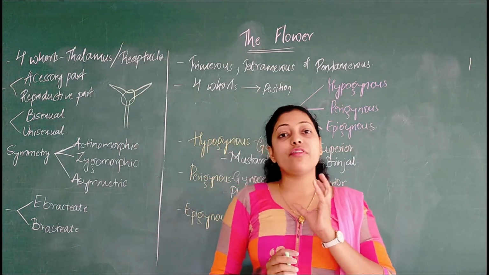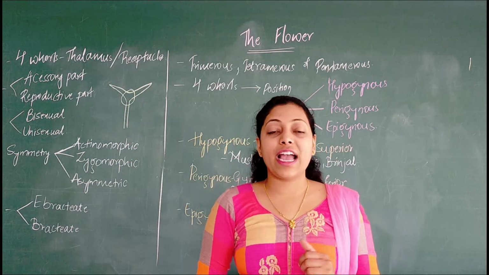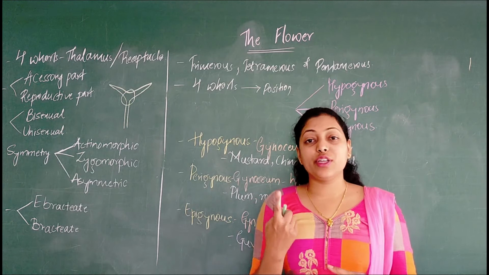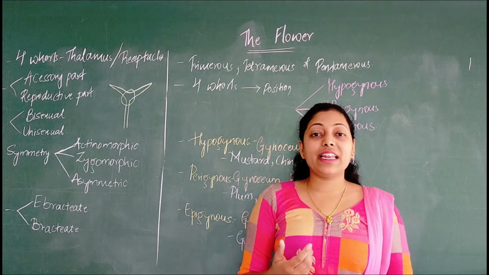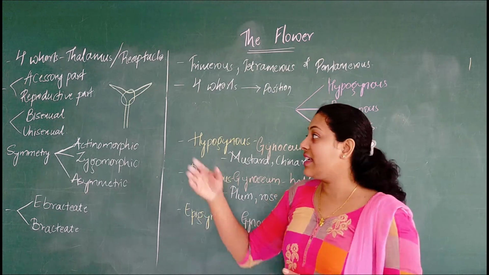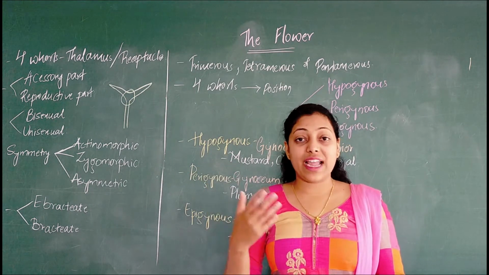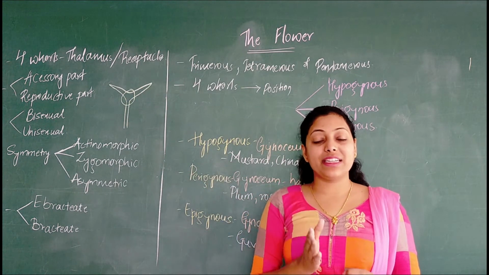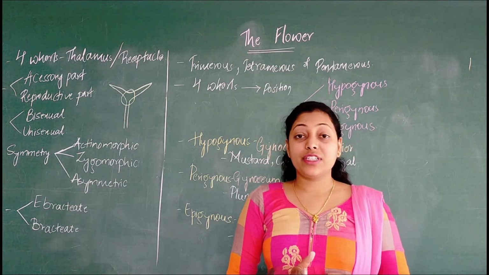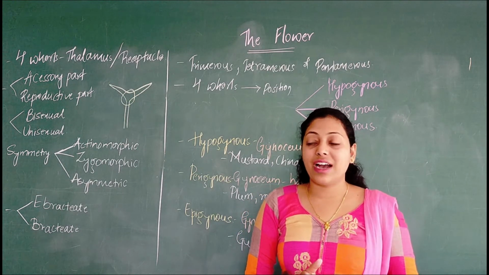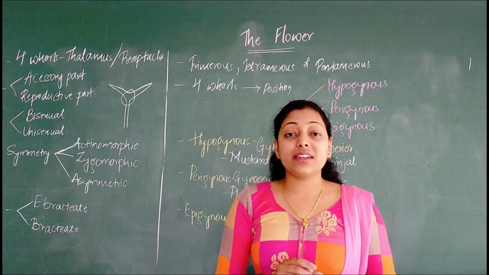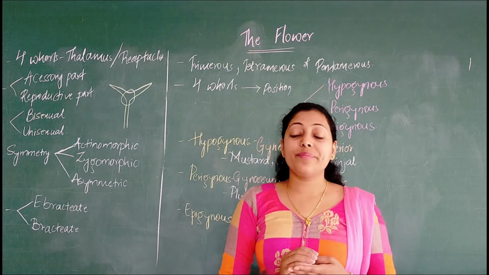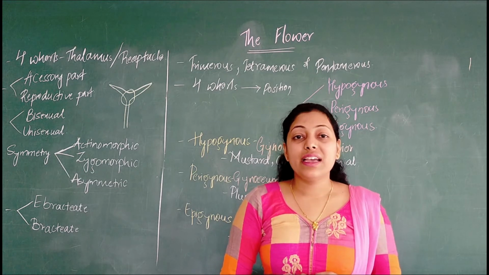On the basis of androecium and gynoecium, we have bisexual or unisexual flowers. Bisexual means both male and female parts, that is androecium and gynoecium, are present in the same flower, which is said to be a bisexual flower. Unisexual is the one where the flower consists of either the androecium or the gynoecium.